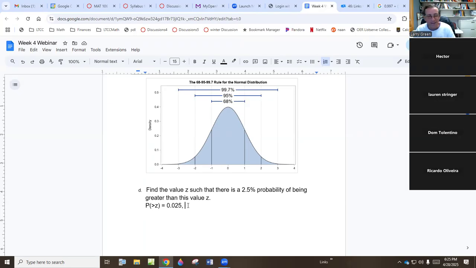Let's add the left-hand side. So the probability of being less than -z plus the probability of being greater than z is equal to 0.05, because we just double it, and double 0.025 is 0.05.